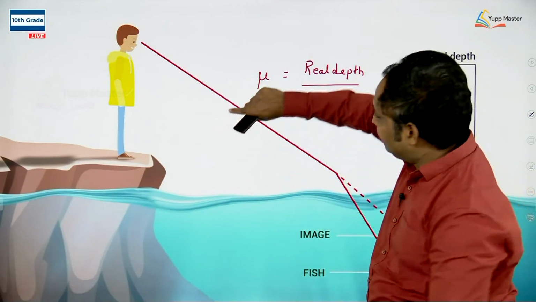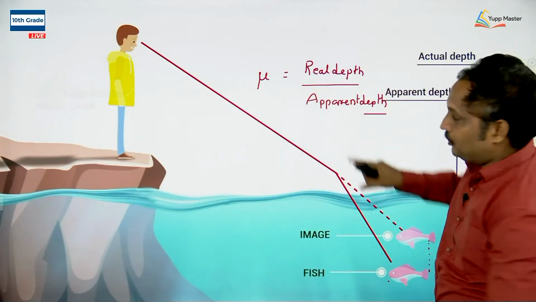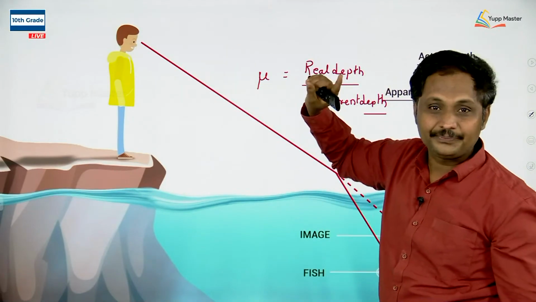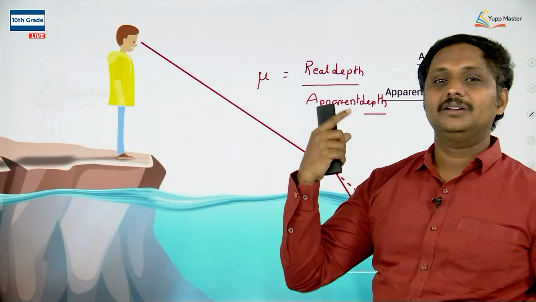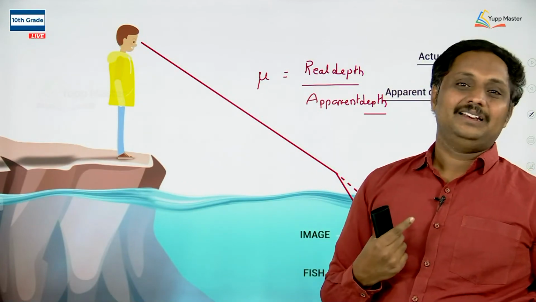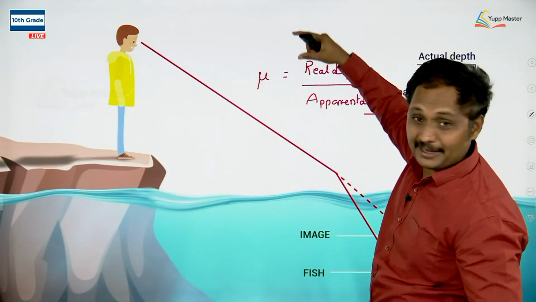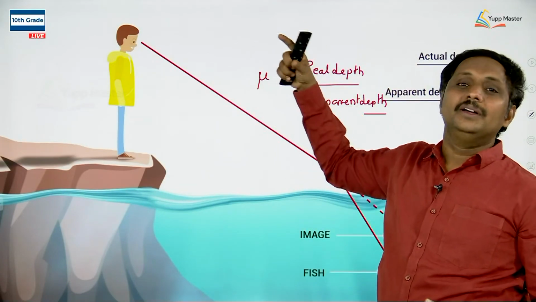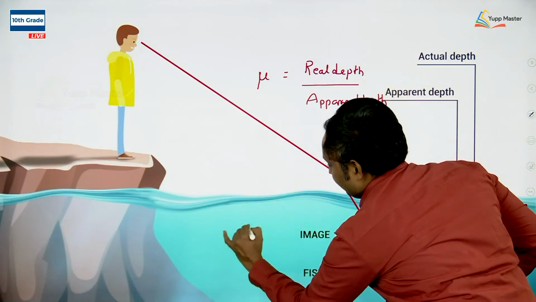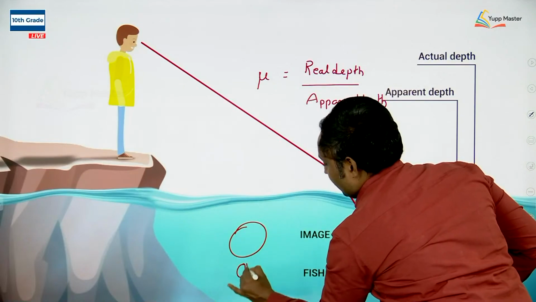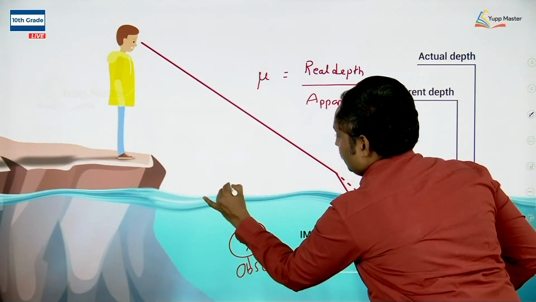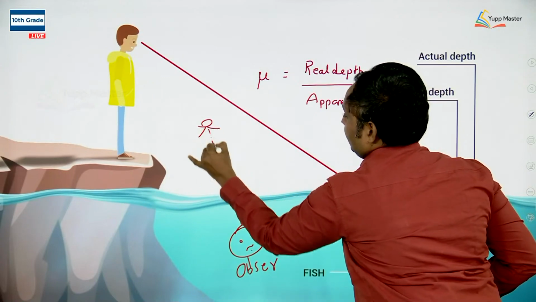Conversely, suppose the boy is in the deep water and observes a flying bird. At that time the apparent distance is greater than the real. He is the observer in this medium, looking at a bird which is flying.